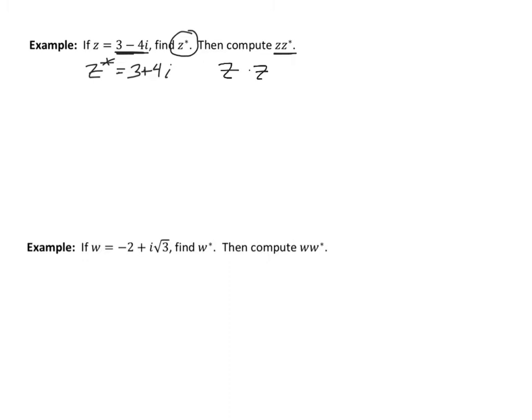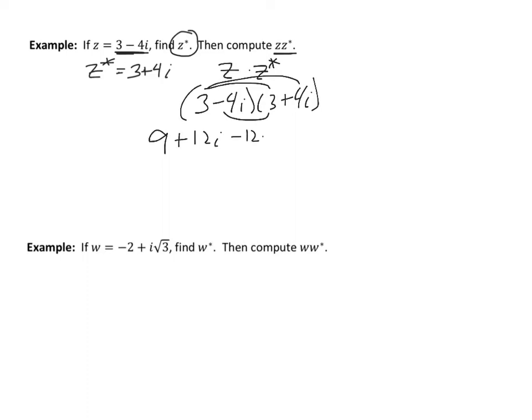The next thing you're asked to do is compute z times z star. This is just complex multiplication, so pause the video and make sure that you can do this on your own. I'm going to do 3 minus 4i times 3 plus 4i. What we get is 3 times 3, which is 9, 3 times 4i, which is plus 12i, negative 4i times 3, which is minus 12i, and finally negative 4i times 4i, which is negative 16i squared.